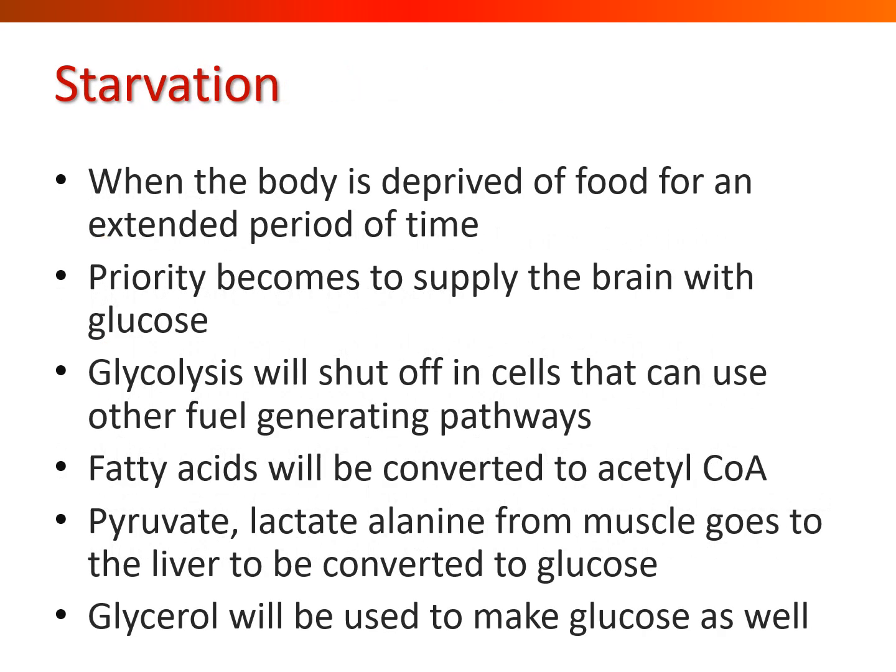Now, starvation is when the body's been deprived of food for an extended period of time. And when that's the case, then the priority of the body is to supply the brain with glucose, because we can't function without the brain. So glycolysis will shut off in any cell that is capable of using another molecule for a fuel source.